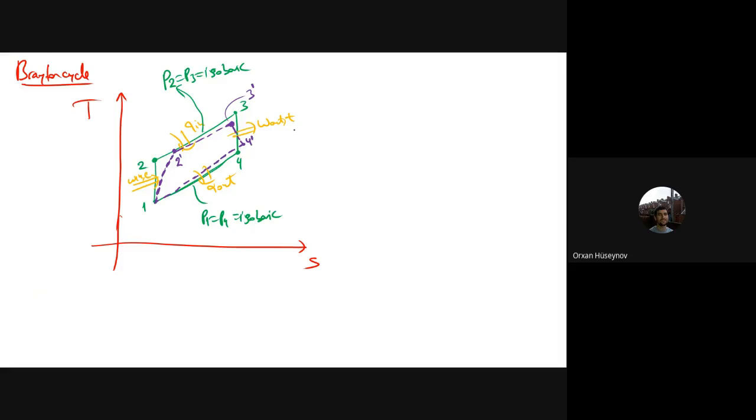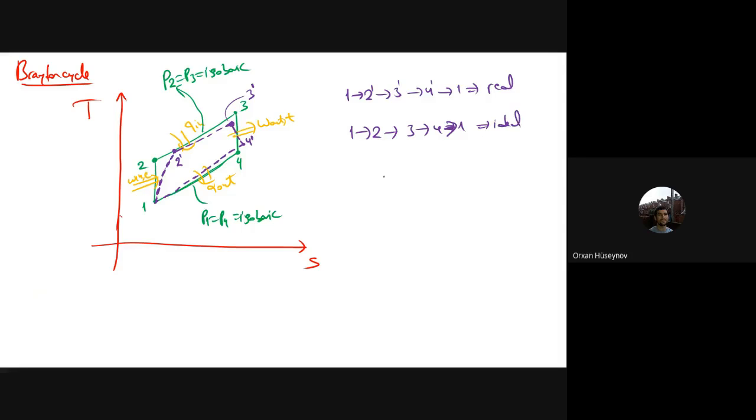Okay, this is the real one: 1 to 2 prime, and that's for 3 prime. Then you will have 4 prime and back to 1. Okay, this is the real. But for the ideal, you will have 1 to 2, 3 and 4, back to 1, and this one is ideal.